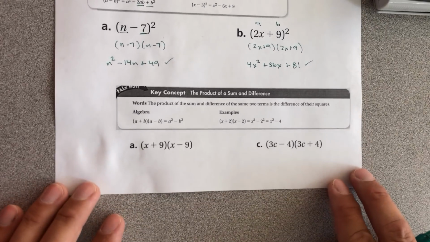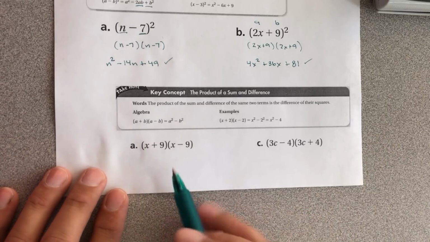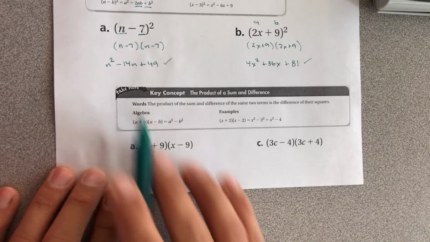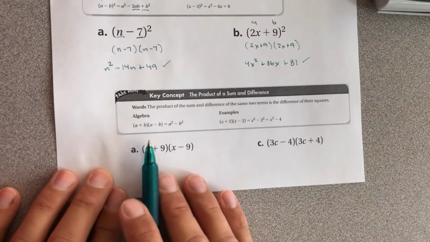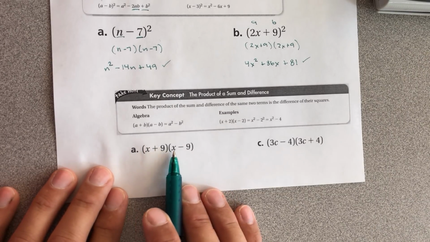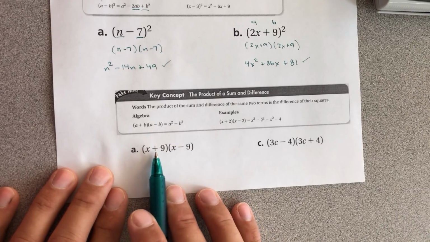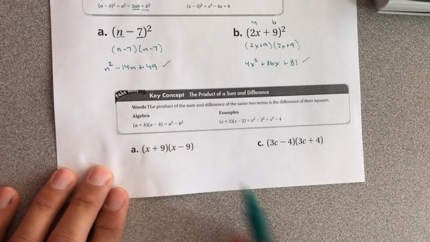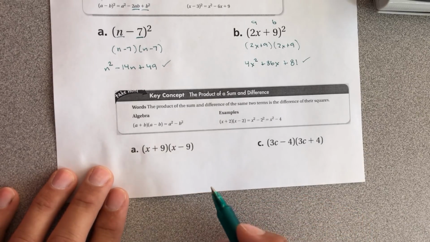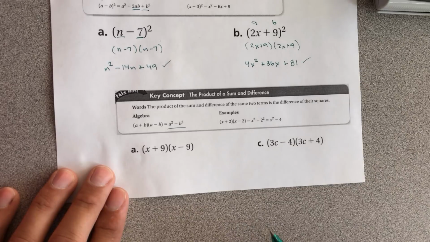The other shortcut is even better, and the way it works is, it almost looks the same as the last one, except I have x plus 9 multiplied by x minus 9. So the numbers are exactly the same, but I've got a plus and a minus. And what's nice about this one is your answer comes out really short.